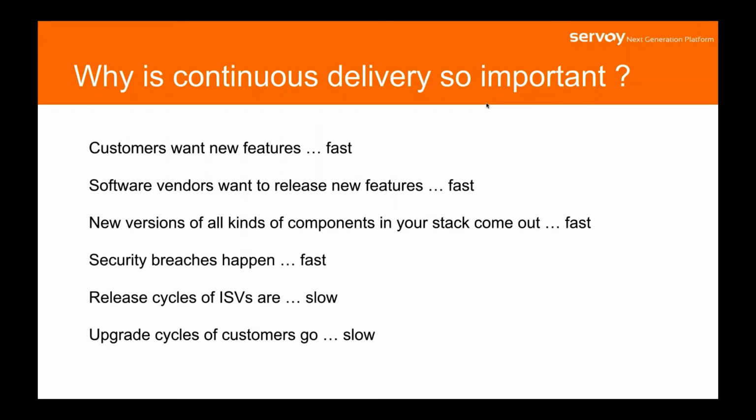Security breaches happen fast, or when you find them, there's a lot of pressure on releasing new stuff fast. On the other hand, we see that the release cycles of ISVs are slow, mainly due to testing, and that's a lot of work. And even if you release to your customers, the upgrade cycles of your customers go slow. Before they really adopt your new versions, that takes a while.